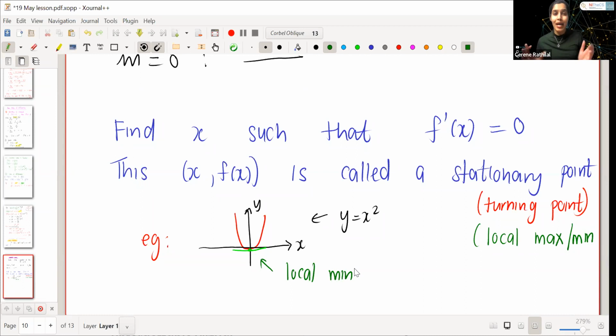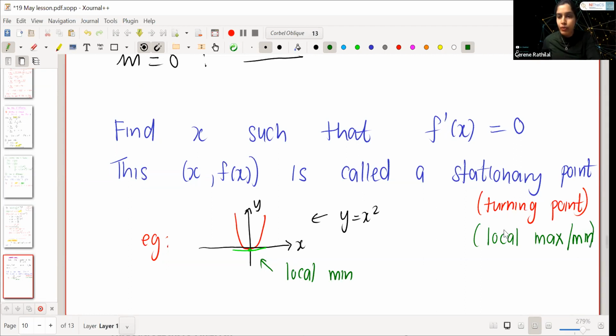Local, because this is happening in a neighborhood around the turning point x value. It's happening only in that region close to that value, right? So I don't want to use terminology, but I just wanted to give you an idea of why we're saying local, all right? So it's a local minimum because that turning point was the minimum sort of y value in that region. Okay, so that was more terminology in there.